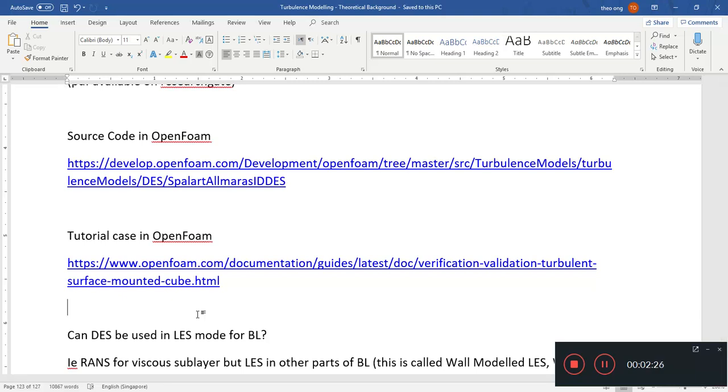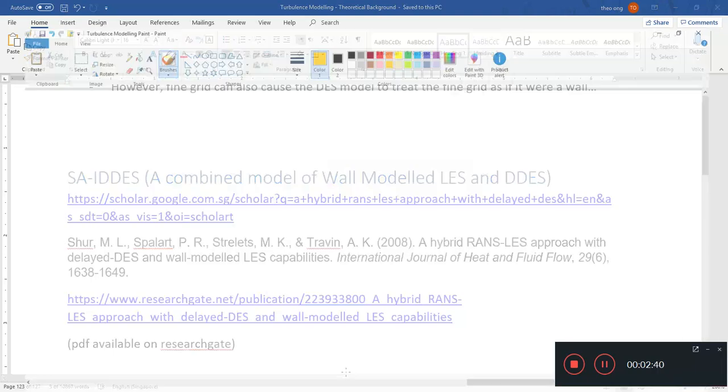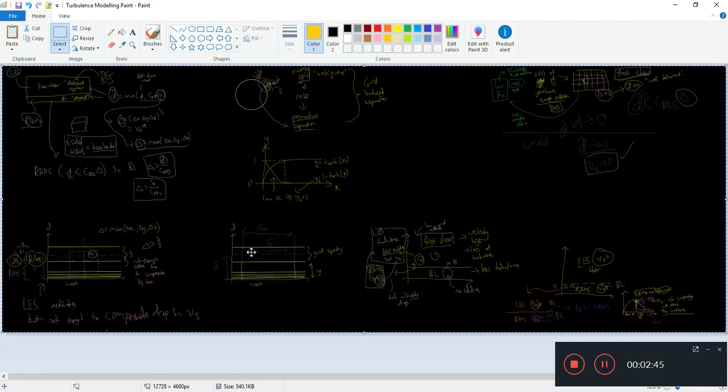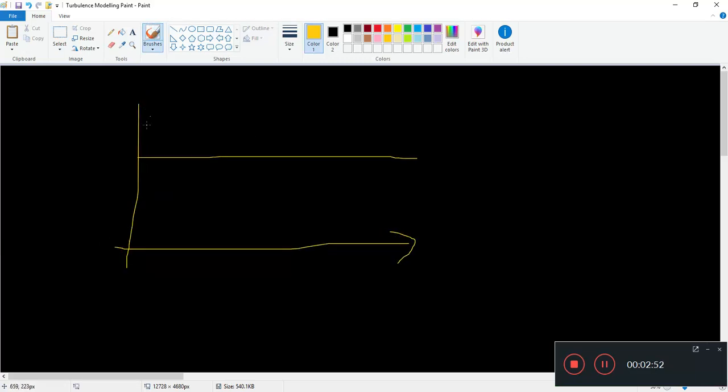Moving on, let's discuss some of the things that are unknown first. We know what DDES is. I just want to clarify what wall-modeled LES is. So I'm going to clear all of these up, and I want to start with our usual picture of a turbulent flow profile.